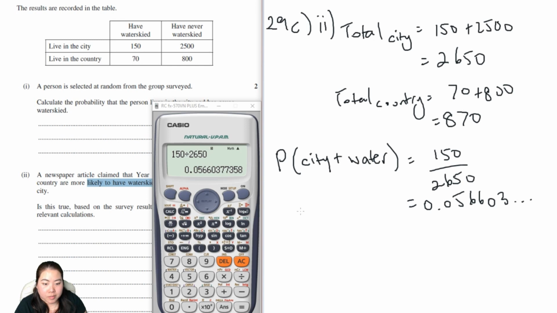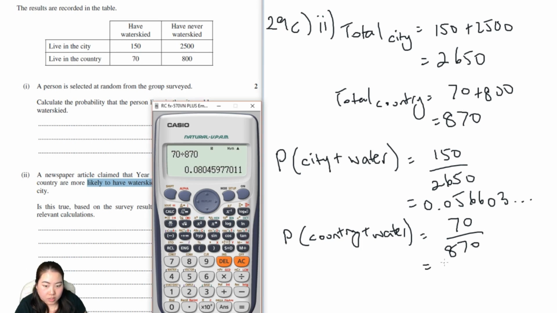I'm going to leave it in decimal form so it'll be easier to compare. And the people who live in the country and have water skied is 70 out of 870, which is 0.080459.